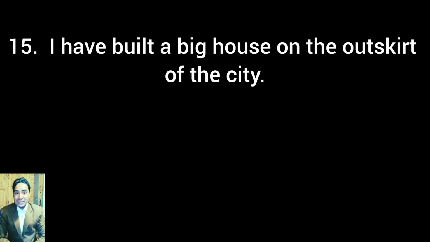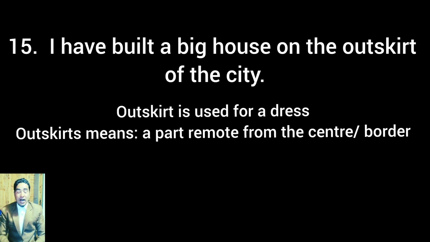Outskirt is one of them. Outskirt means a dress edge. Outskirts means a part remote from the center. You can say border. On the outskirts of the city, on the outskirts of the town, on the outskirts of the village. Let's move on to the next question.